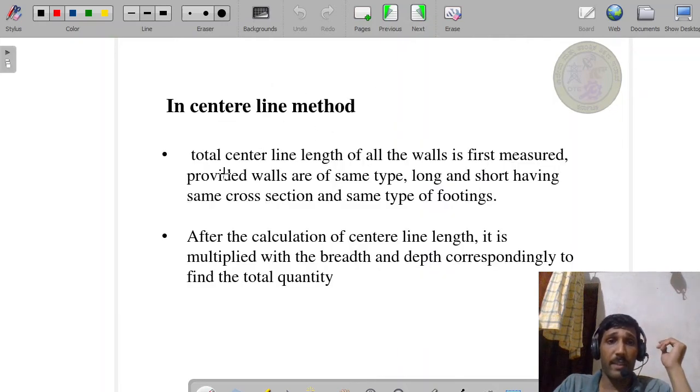In this center line method, the total center line length of all the walls is first measured, provided the walls are of the same type, long and short, having the same cross section and the same type of footings. After the calculation of center to center length, it is multiplied with the breadth and depth correspondingly to find the total quantities. When you are calculating center line length, you have to consider the number of junctions.